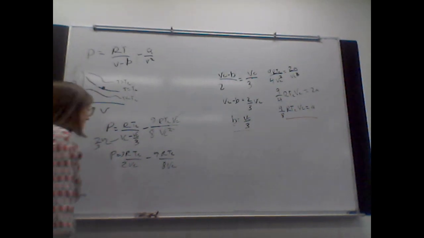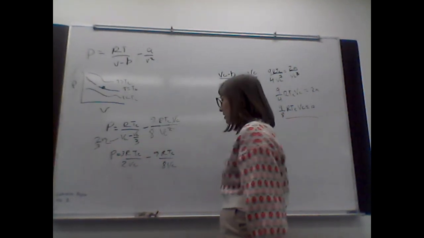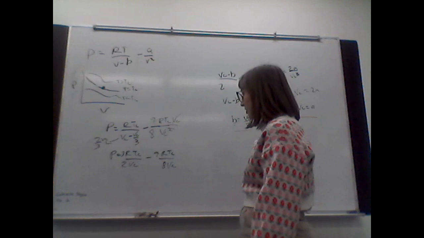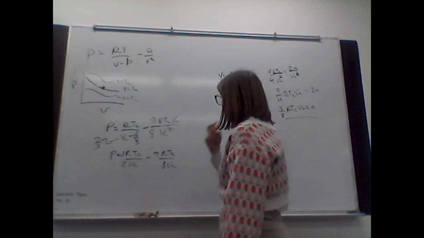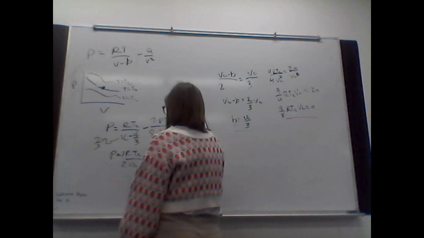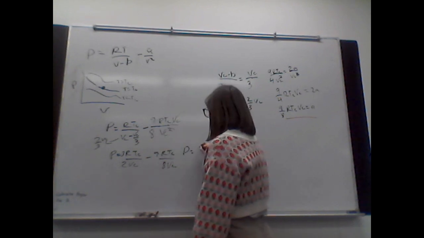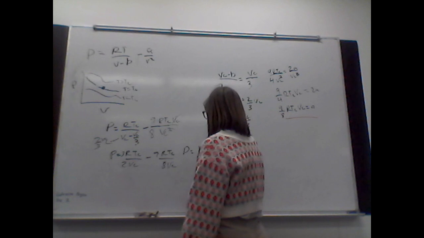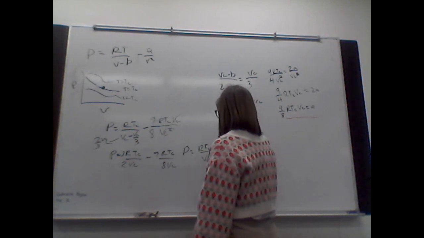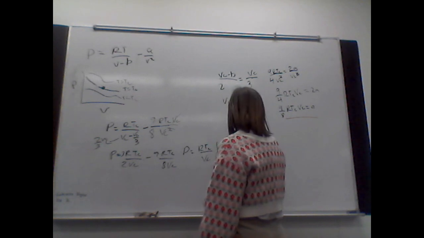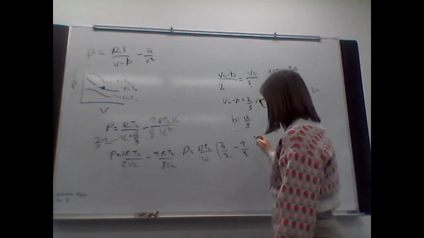Okay. So we have some common things, RTC over V, RTC over V. Let's take that out. So we have P equals RTC over VC, and then this is going to be 3 over 2 minus 9 over 8.